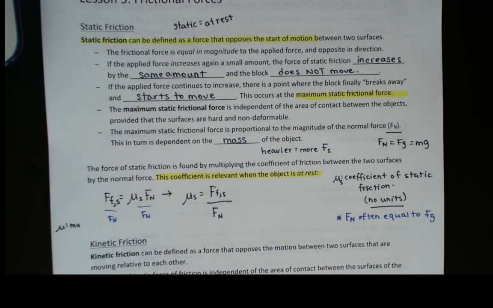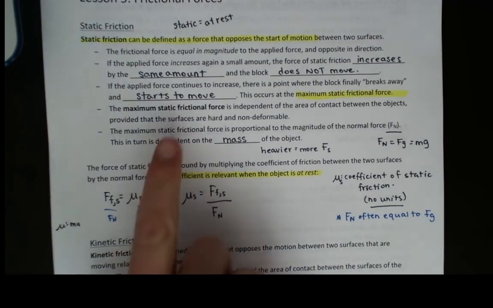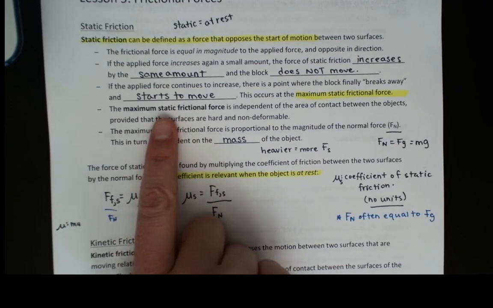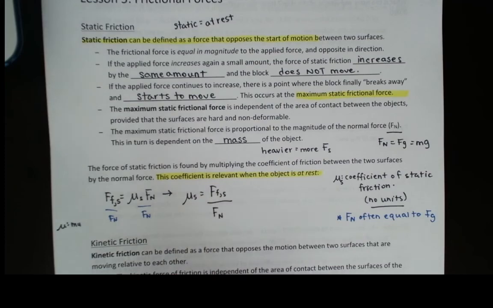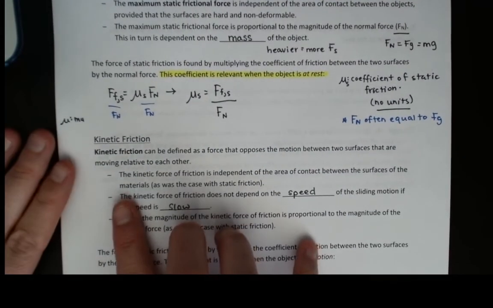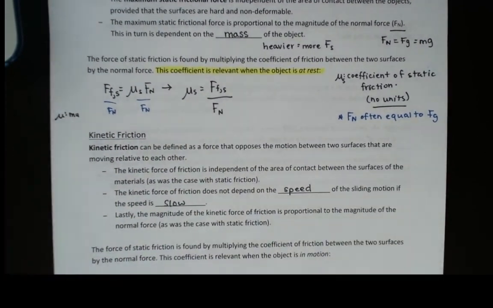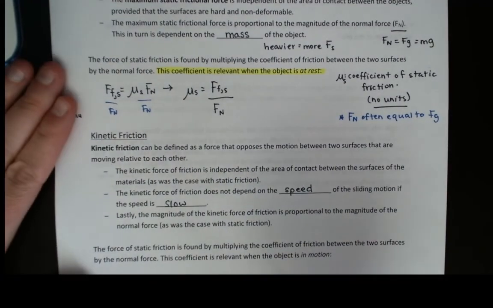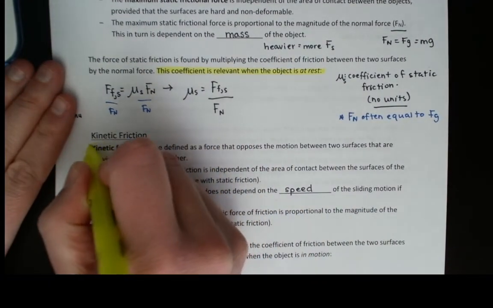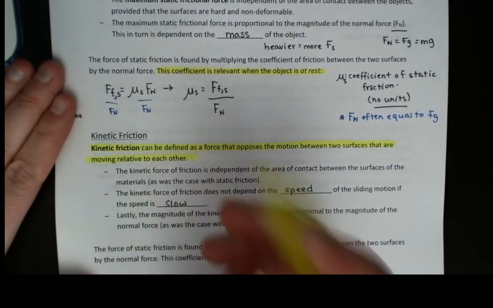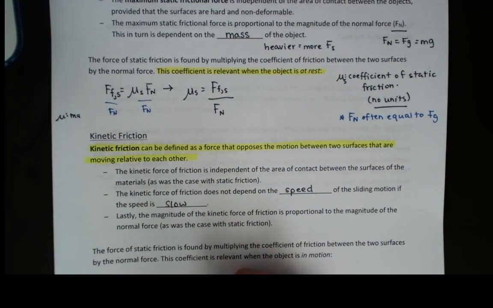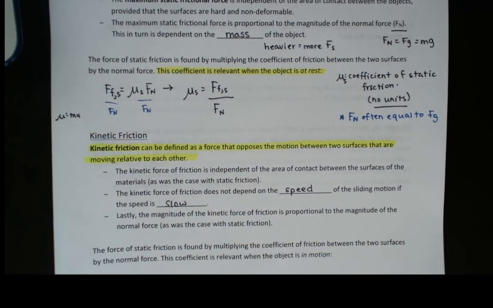Once the object is in motion, so let's say you pushed with enough force to overcome the maximum static frictional force, we call it kinetic friction. Kinetic friction is defined as a force that opposes the motion between two surfaces that are moving. Once you're in motion, we forget about static force and we talk about kinetic force.